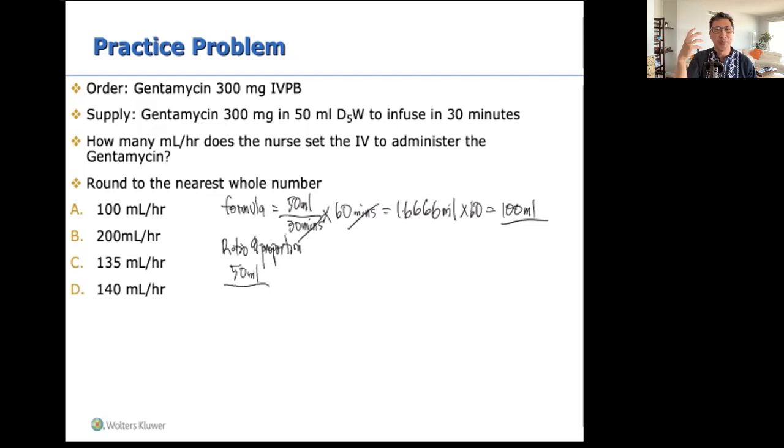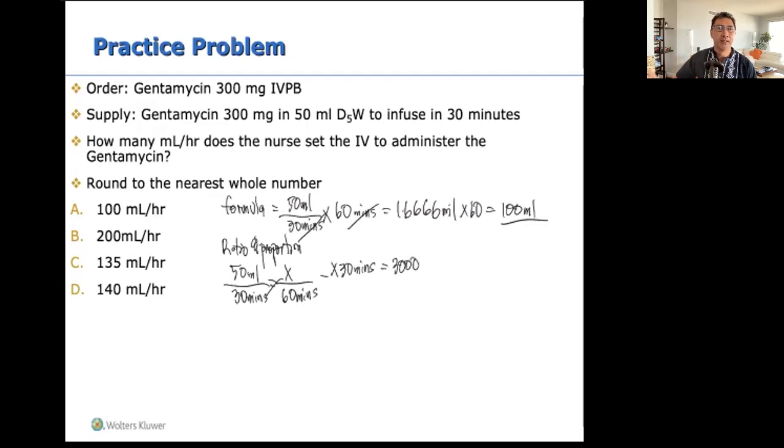This looks like simple math, you can do it in your brain. Most of you probably did it in your brain, but I'm showing you different ways you can calculate it. Algebra, my preferred method.